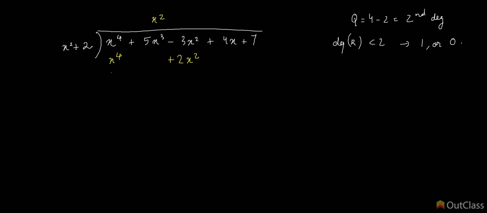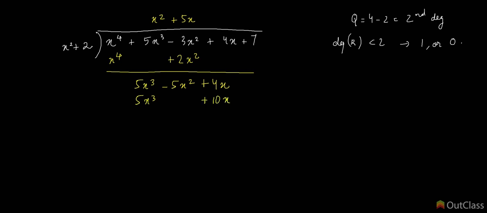X square, and when you subtract this, you're gonna get 5x cube minus 5x square plus 4x. Now to remove the 5x cube completely, you have to put plus 5x. That's a 5x cube plus a 10x. When you subtract, you'll get minus 5x square minus 6x plus 7.